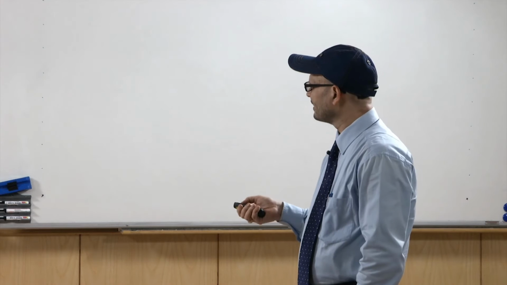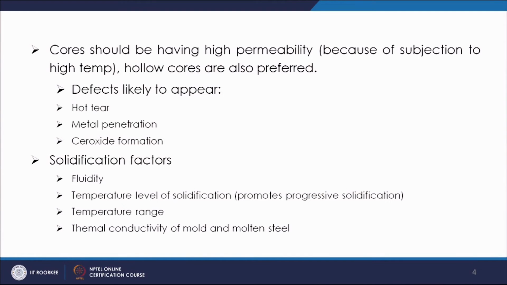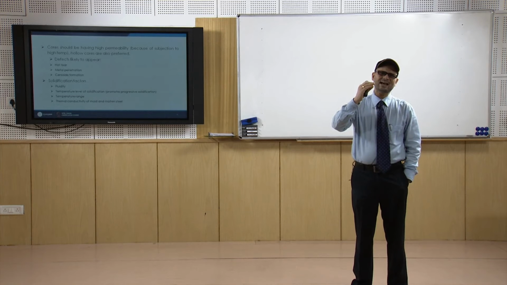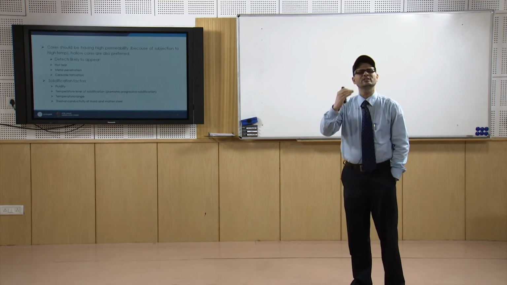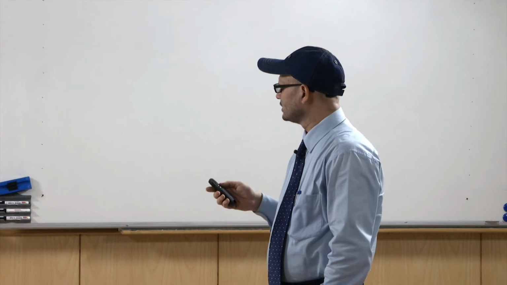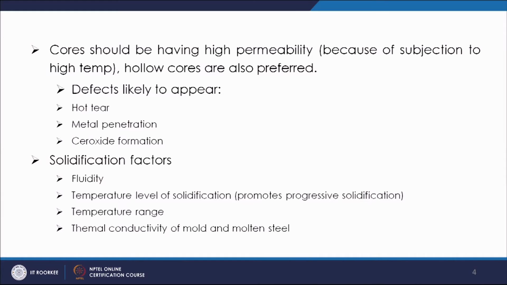Many elements control the fluidity: chromium is detrimental to fluidity, while silicon is an important element which is instrumental in giving you fluidity. So you have to choose the proper quantity of alloying elements so that fluidity is proper. Temperature level of solidification.